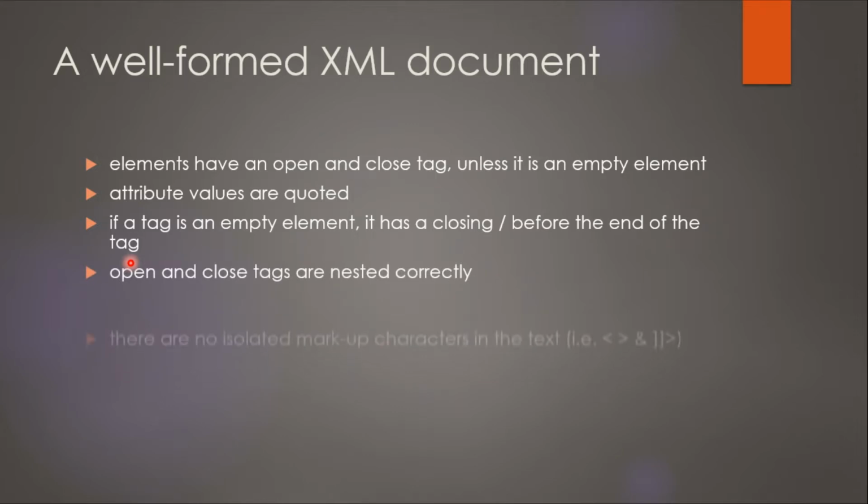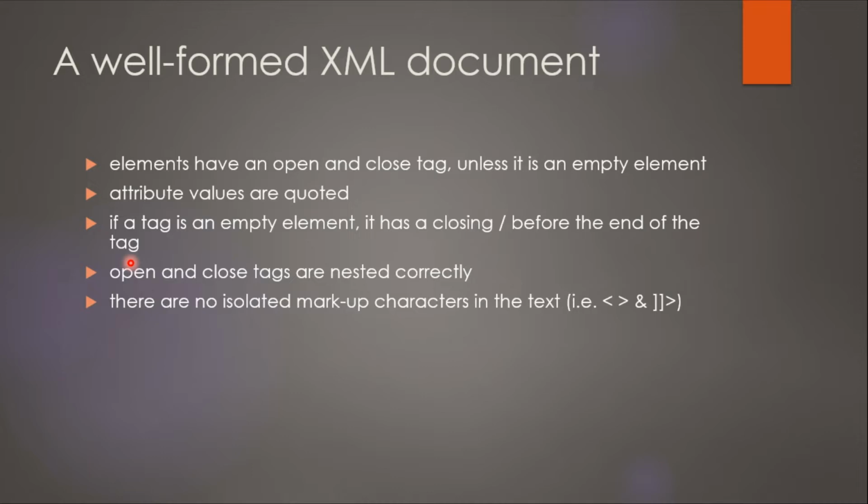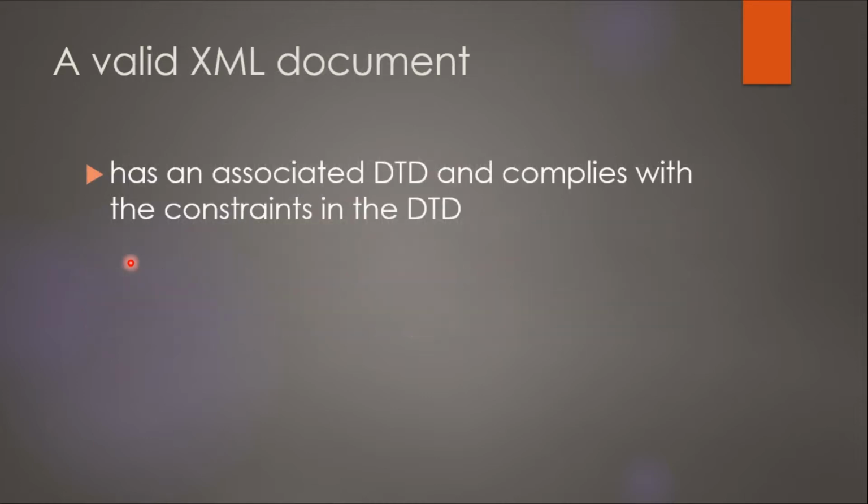There are no isolated markup characters in text. If there is no DTD, all the attributes are of the type character data, CDATA, by default. A valid XML document has an associated DTD and complies with the constraints in the DTD.